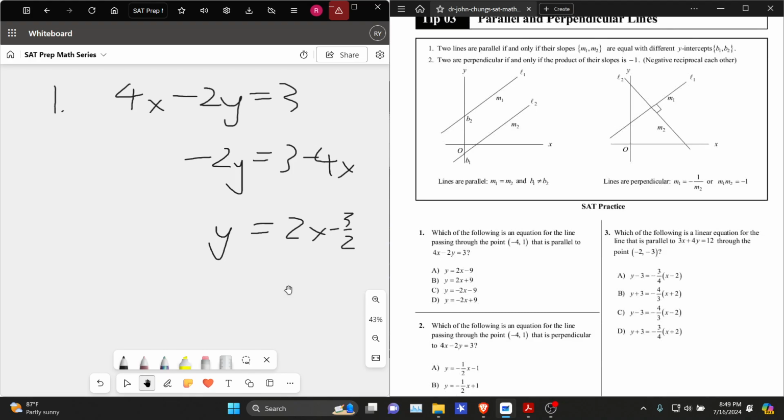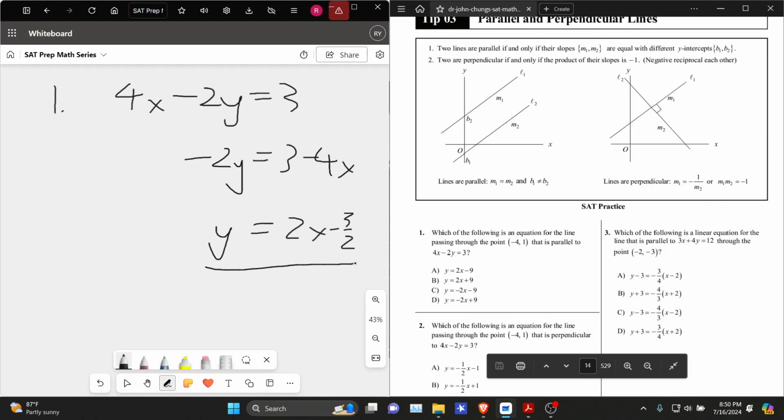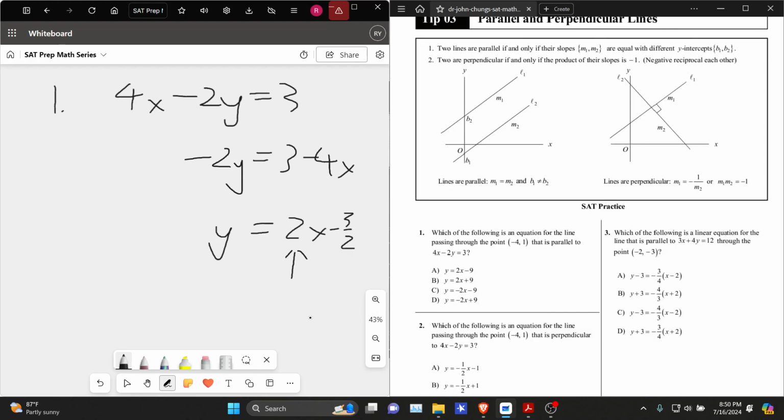One of these options has a line that is parallel to this line, and we can first cross out C and D because they do not have the same slope, so they're automatically wrong.